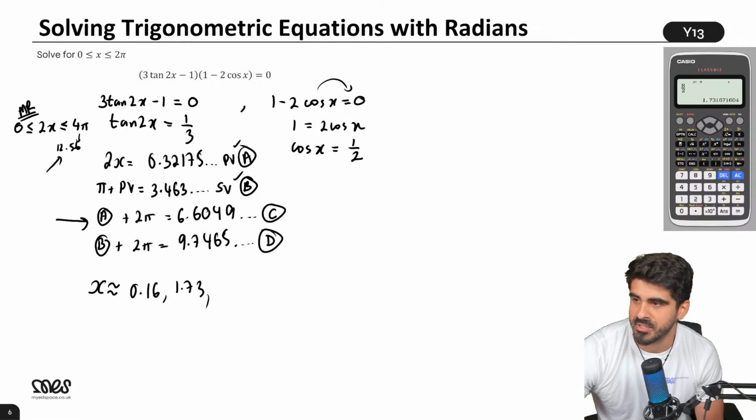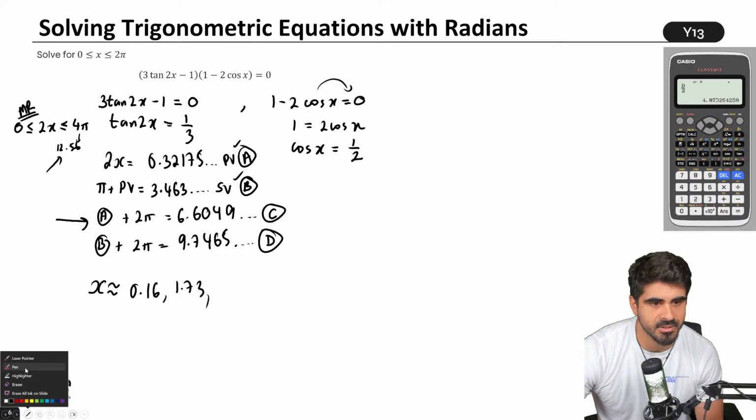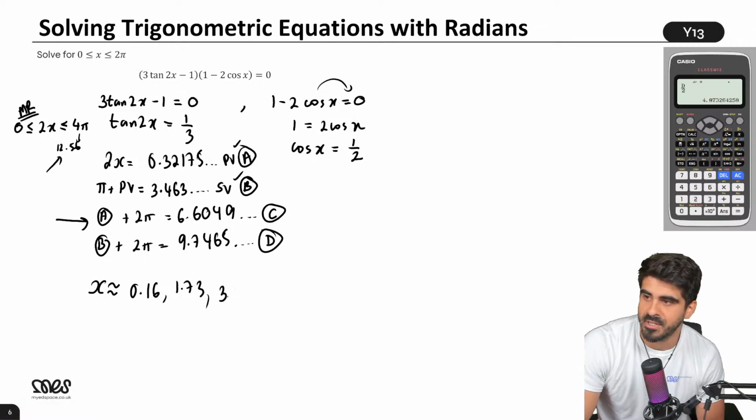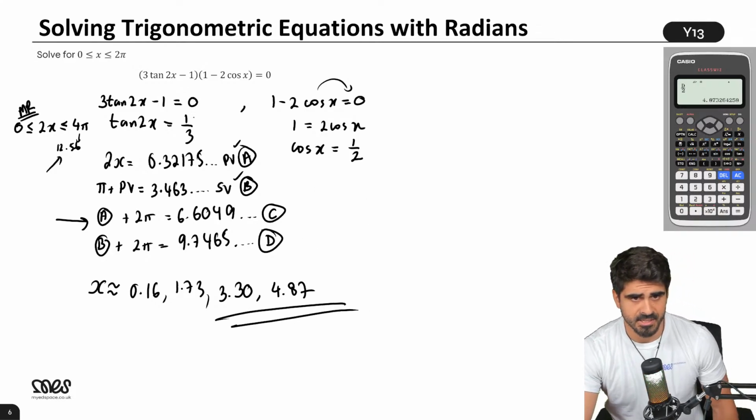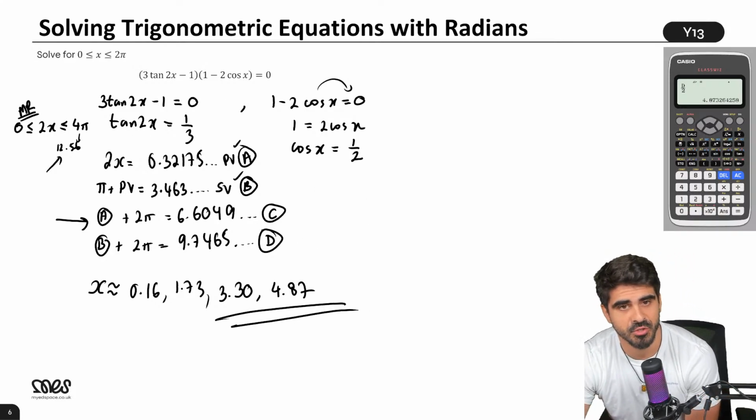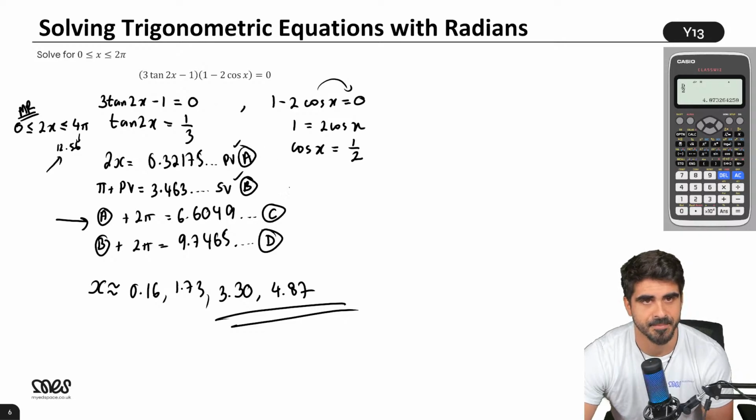Then you just change it to C: 3.30 and this. 3.30 and 4.87. Okay? And those are all the solutions to tan of 2x equals 1/3.